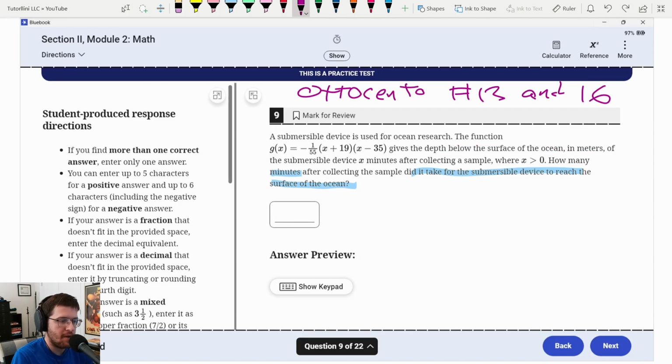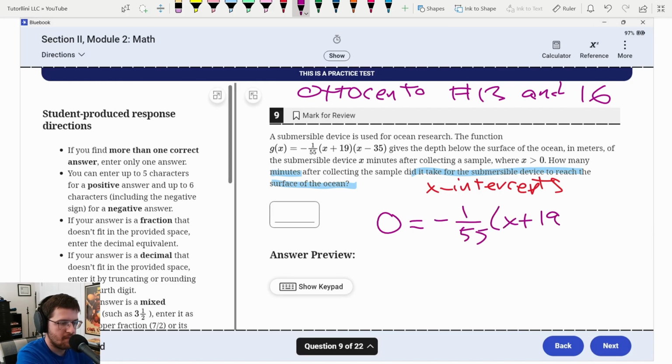So it wants to know essentially when y is 0. In other words, x-intercepts. So we're going to find the x-intercepts, and to do that, we're going to make y equal to 0. So 0 equals negative 1/55th (x plus 19)(x minus 35).